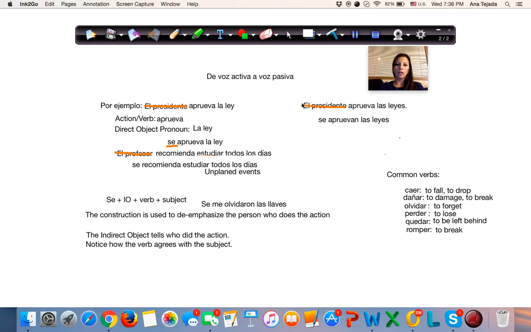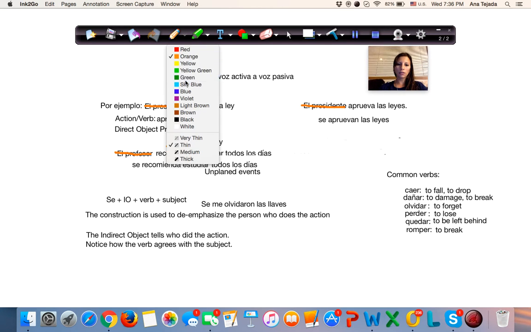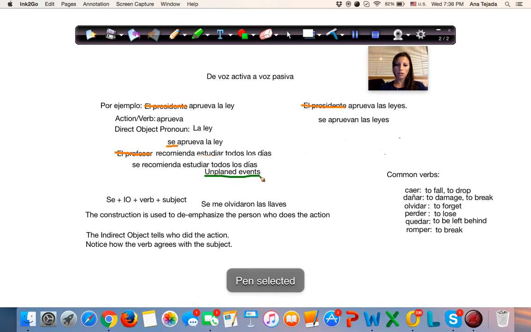Okay. We also have the construction of se used to talk about unplanned events or when accidents happen. We use the se construction just to de-emphasize the blame or the fault of the person who did the action and make it all about the action and not who did the action.